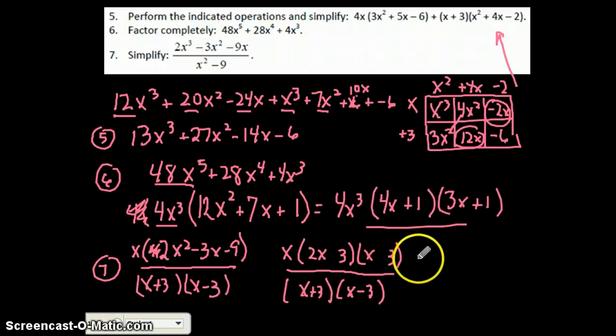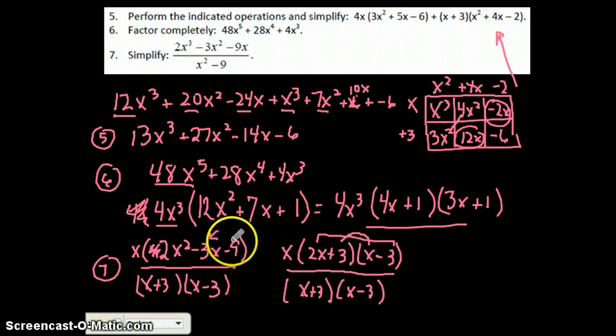my first and my last can give me the 2x squared and the 9, but if I put a minus here and a plus here, that would cause my outer to be a negative 6x and my inner a positive 3x, and that would give me my negative 3x.